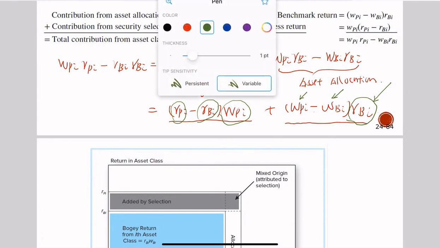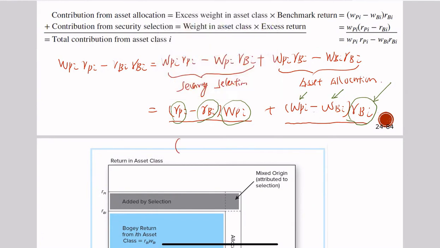So again, let me use some numbers. So let's say RPI is 20%, right? RBI is 5%. WPI is 10%. So this basically says that for asset class I, we invest 10% in portfolio P. And asset class I's return from the Bogey portfolio is 5%.